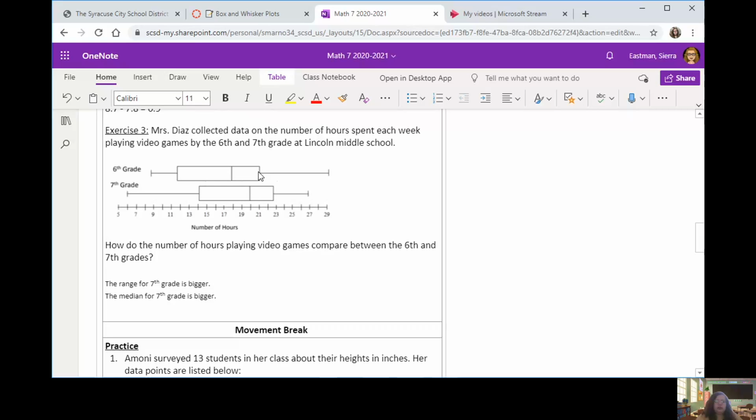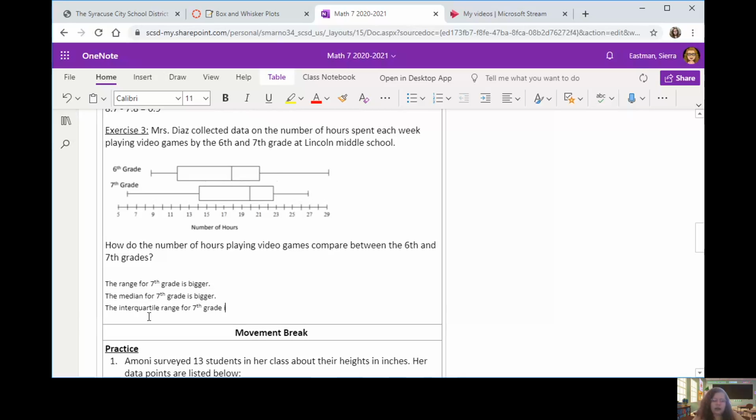This one looks like it's directly on 21, and then maybe 11.5. If I subtract those, we've got 9.5. And so the interquartile range for 7th grade is actually smaller.